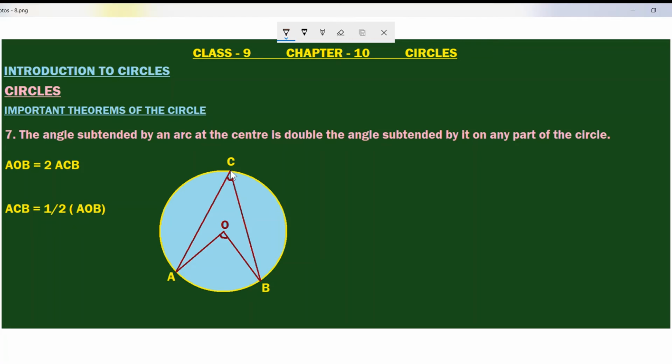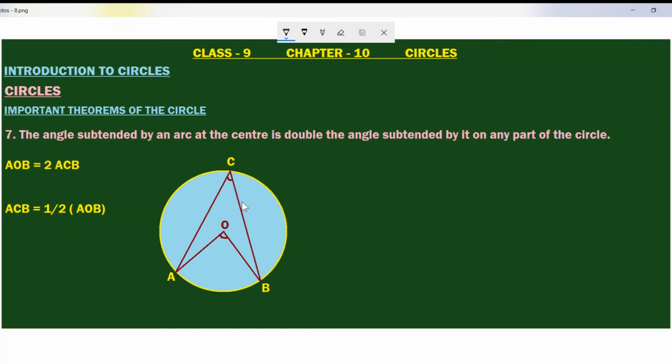Here at C, this arc AB subtends an angle, and in the center as well the arc subtends an angle. The relation between these two will be angle AOB will be double of angle ACB. Right. Now we need to prove this, how this angle will be double of this angle. We can write this equation as ACB, this angle will be half of this angle.